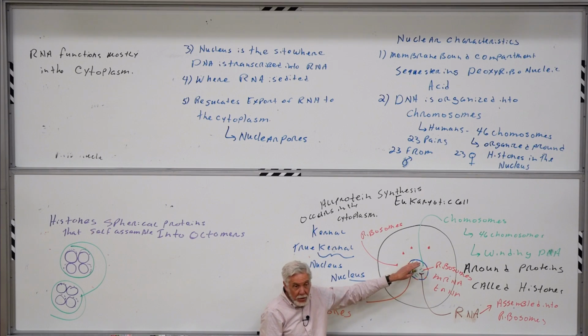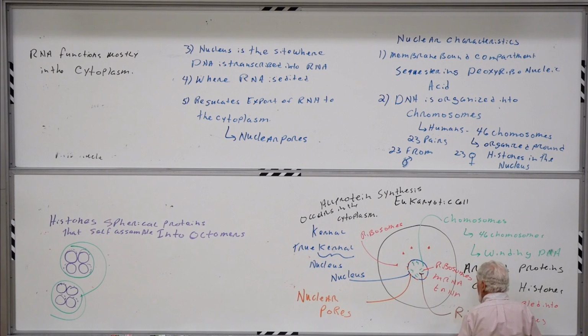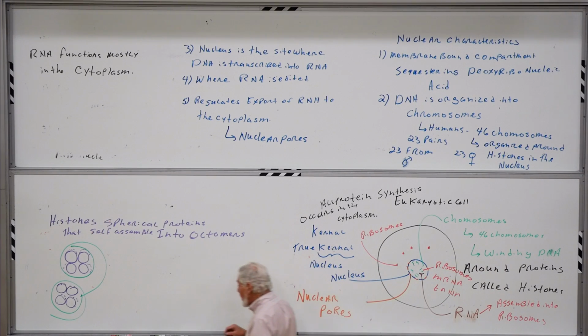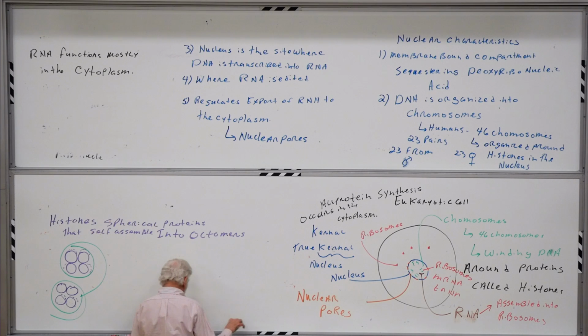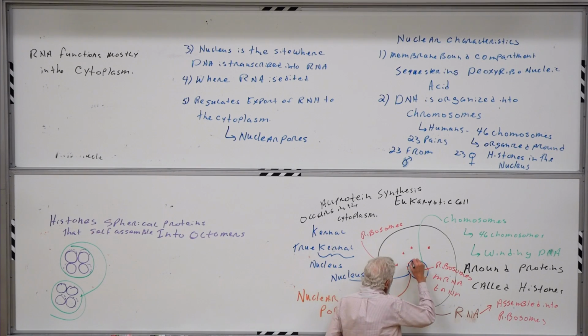That's all nuclear. But there are many, many other membrane-bound compartments in the cell. And the next one I want to tell you about, and I'll put this one in purple, is another membrane-bound compartment that comes right up against the nuclear membrane.